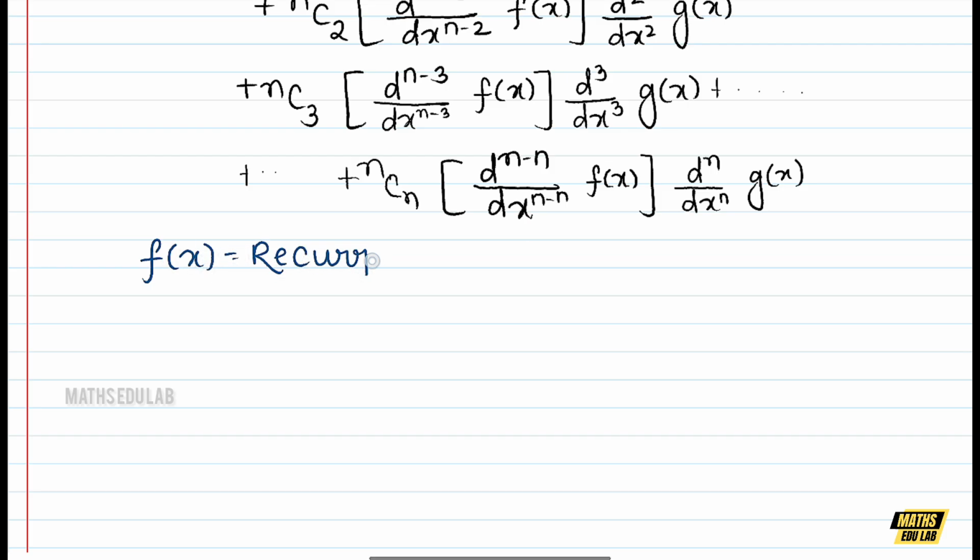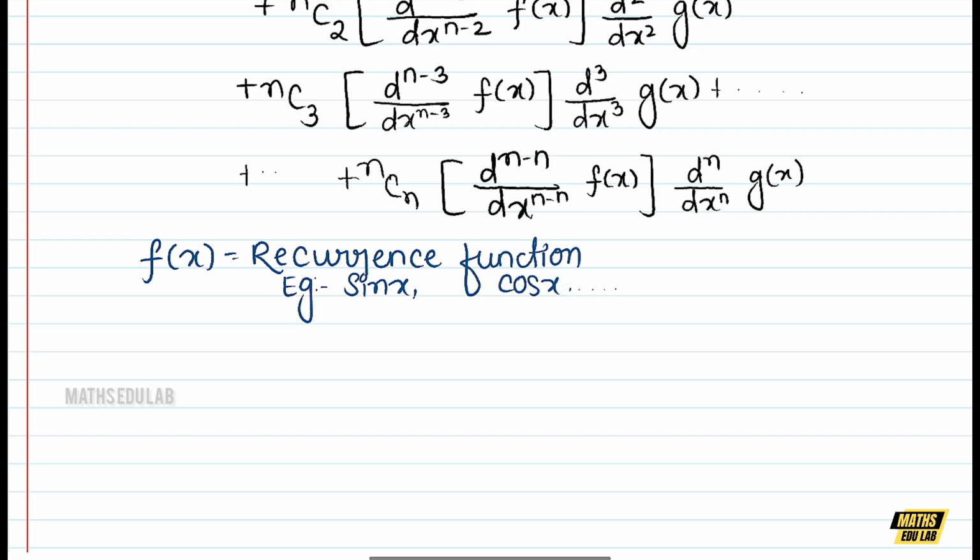That means the function which has repeated values we have to consider as f(x). For example, if the function is given in the form of sin x, cos x, and so on, these are repeated values. If you do the derivative, we get only similar steps.